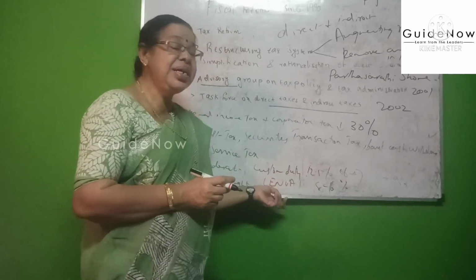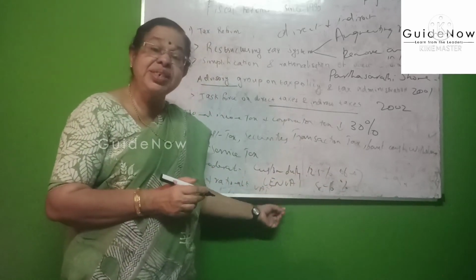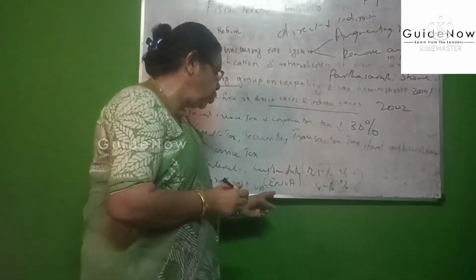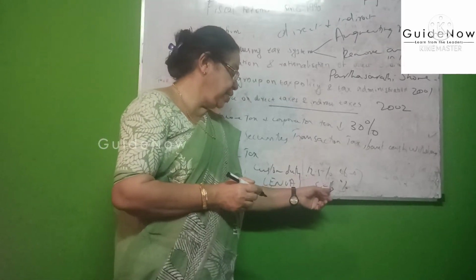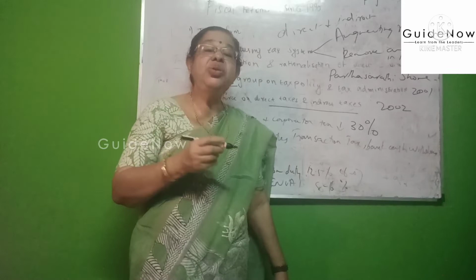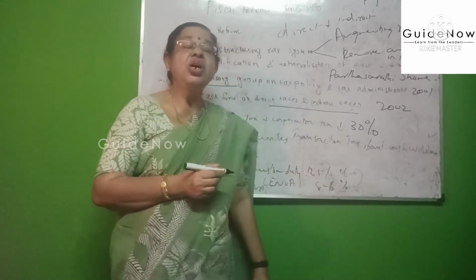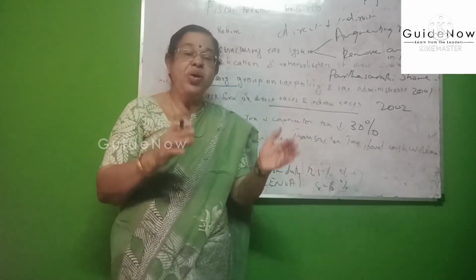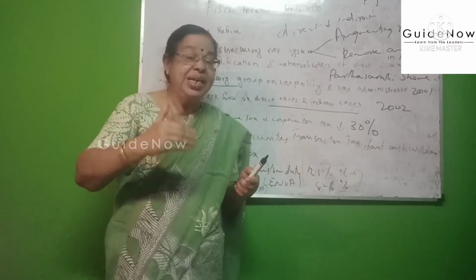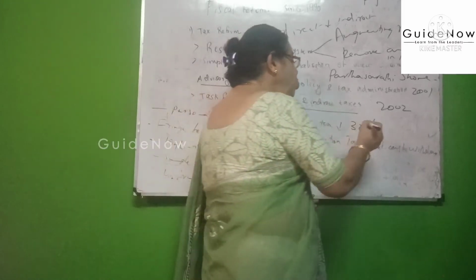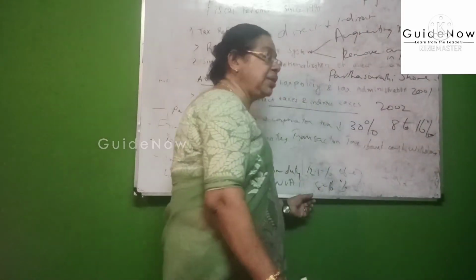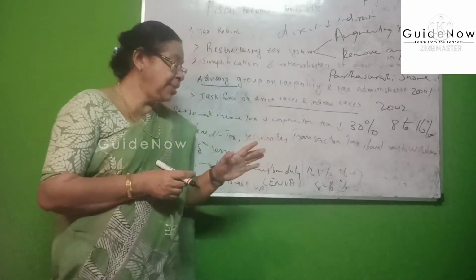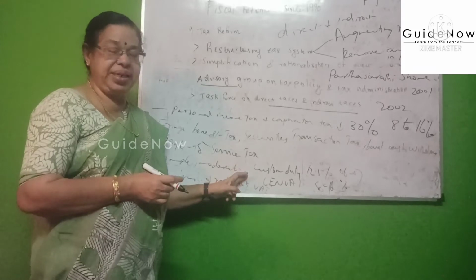In the same way, excise duty was also reduced, to central value added tax. It was introduced at 8 to 16% in 2006-07. That was another important measure taken by the government, that is simple and moderate.